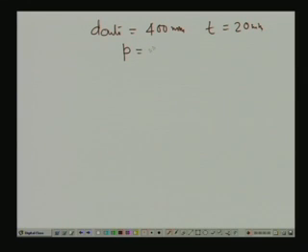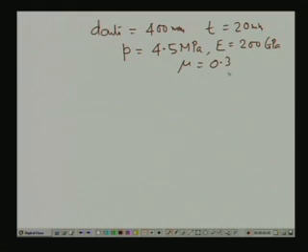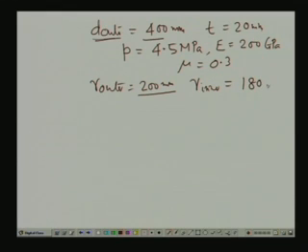P is given here as 4.5 MPa, the value of E is equal to 200 gigapascal, and mu is given as 0.3. The outer diameter is 400 millimeter, so the outer radius R outer is equal to 200 millimeter, and since we are dealing with the inner radius, R inner is equal to 180 millimeter, which is this minus the thickness.